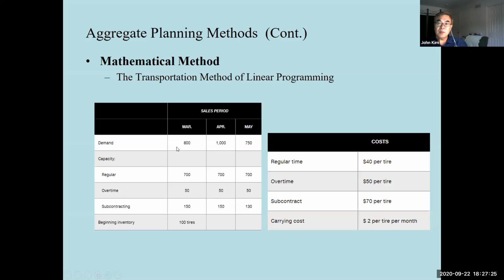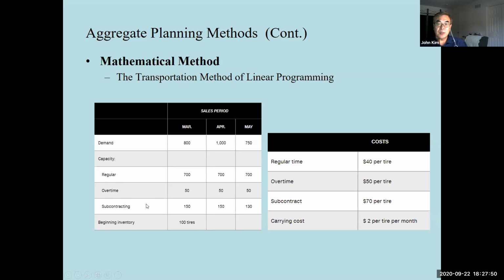problem. If demand is 800 in March, April 1000, in May 750, and then capacity, the company's regular capacity is 700. If they use overtime, then additional 50.